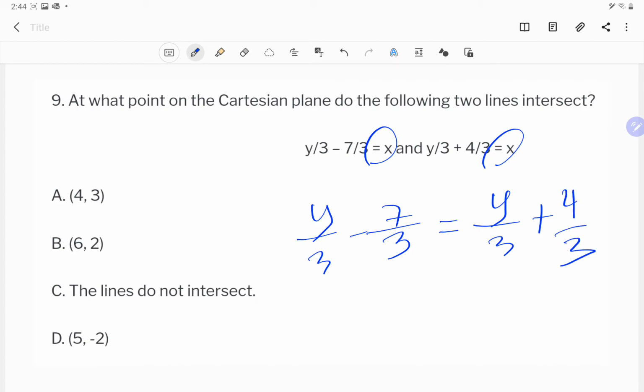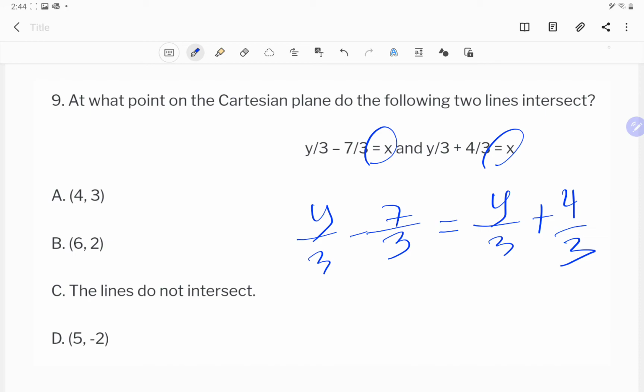Remember, this is a system of linear equations, with two equations and two unknowns given. There are different ways to solve a system of linear equations. We have substitution, elimination, and also graphing, and we still have two or three more techniques.